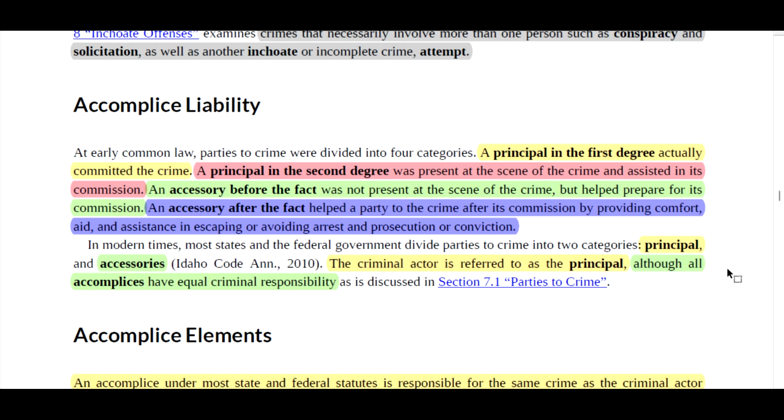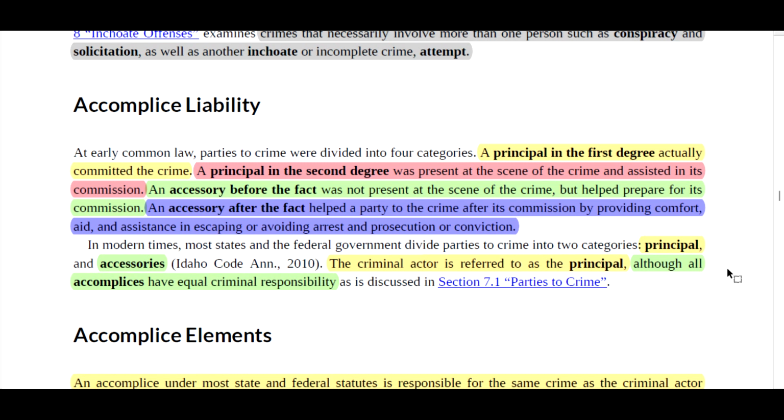And so this is part of that accomplice liability. Like I said, that's the early common law four-category breakdown. Nowadays, most states, the federal government, and our state do this. I didn't even think to look at what states still have principal in the first, principal in the second, accessory before, and accessory after.